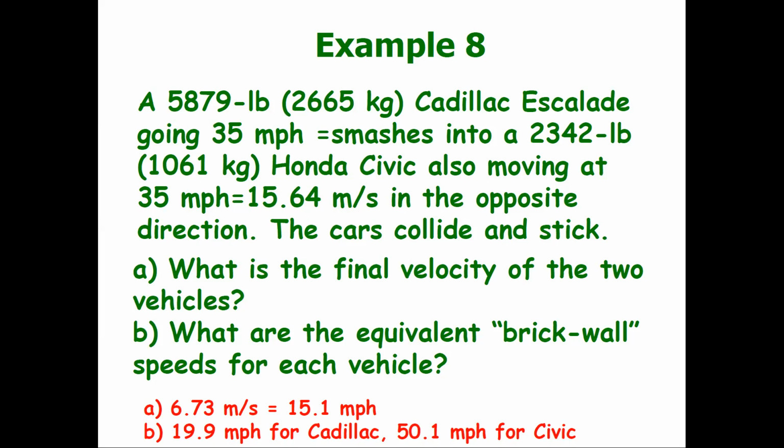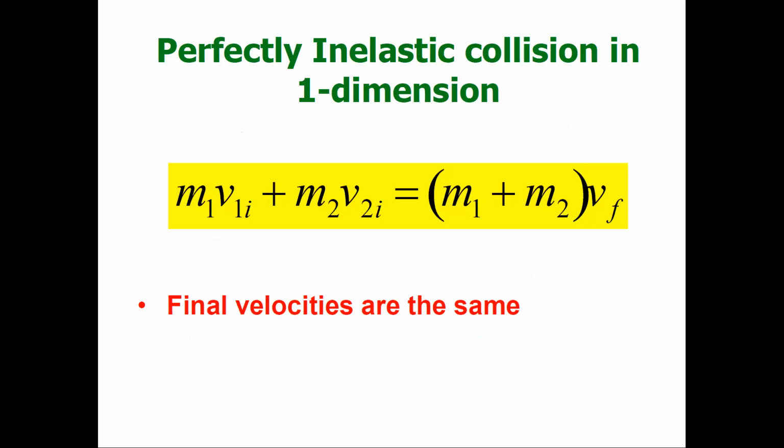Where these cars collide, their momentum will be the same, but the energy will not be conserved. So we are saying, what is the final velocity of the two vehicles? We use m1v1 plus m2v2 must be the same as (m1 plus m2) multiplied by vf.